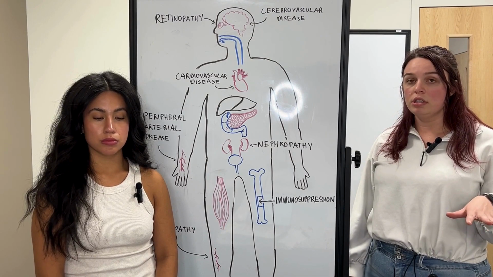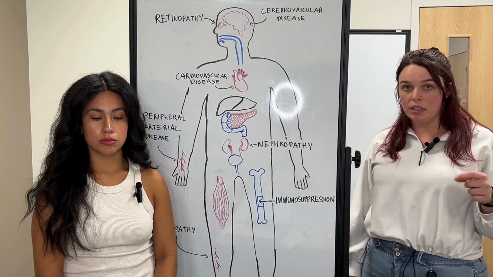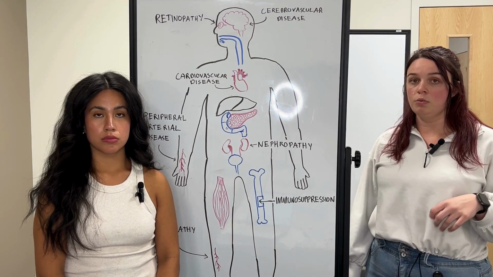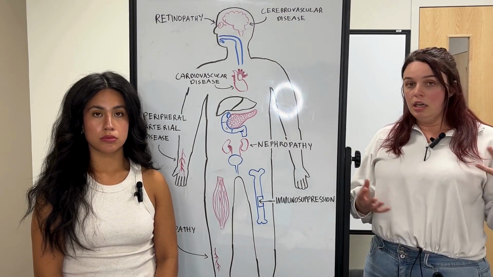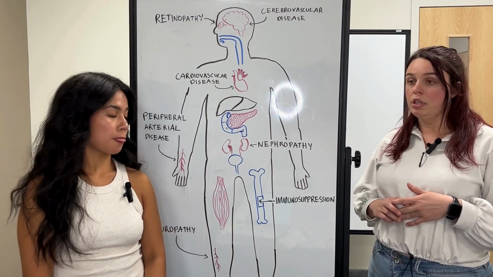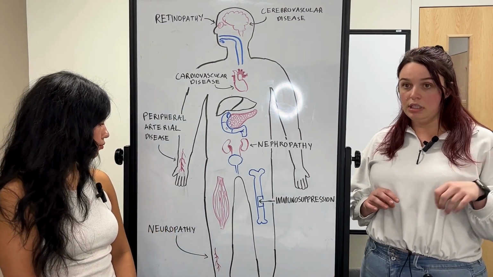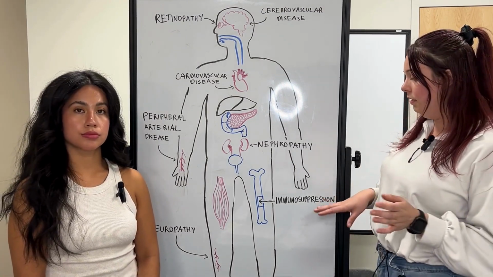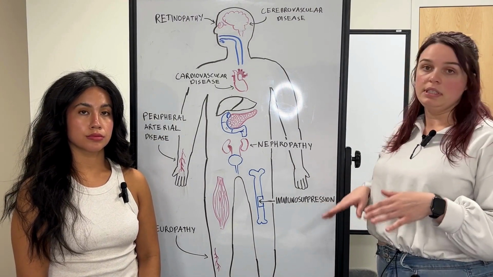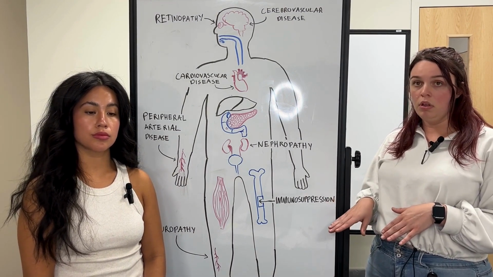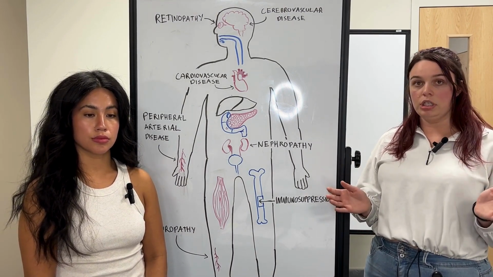You're also going to want to do a very thorough assessment of the lower extremities and the upper extremities, because that's where they're going to have a decreased sensation and blood flow to those areas, and they're more prone to not being aware of an injury in that area. That decreases the ability of the white blood cells to come and deal with the infection or cut injury while it's small before it becomes a larger issue.